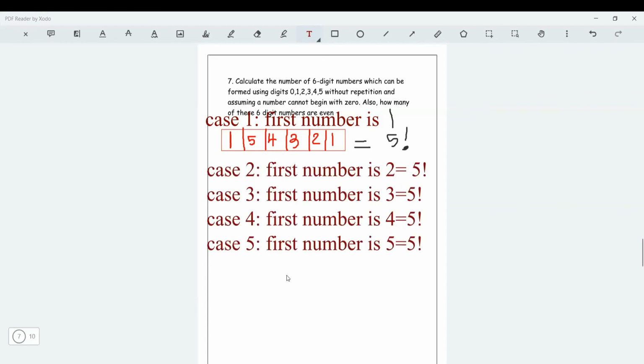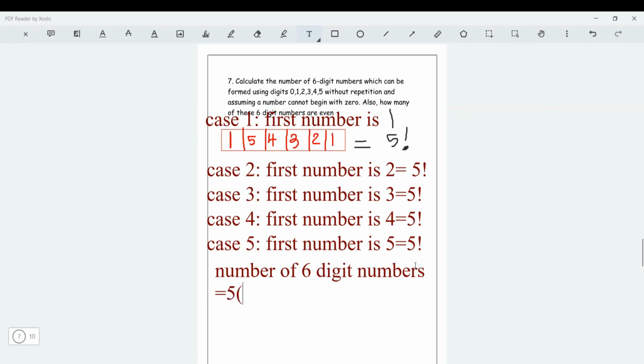And so we add up all of that, and that will give you how many 6-digit numbers we can actually form. So the number of 6-digit numbers is equal to 5 factorial plus 5 factorial plus 5 factorial plus 5 factorial plus 5 factorial.